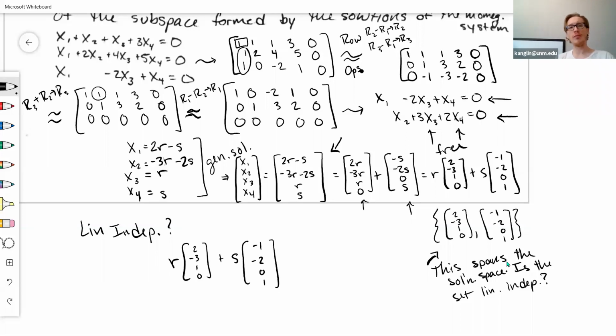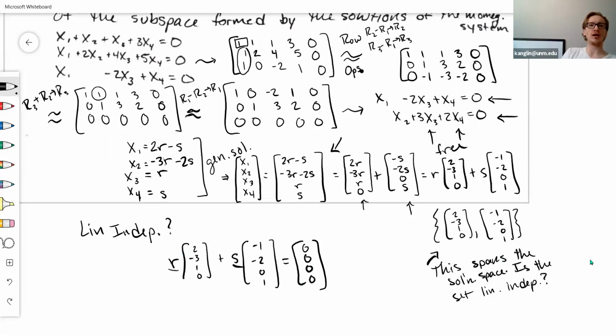We take a linear combination, some scalar r times one of the vectors plus some scalar s times the other, and you set that equal to the zero vector, which in R4 is just 4 zeros. Now, the idea is you want to figure out whether, in order to be true, this equation requires that r and s are both 0.